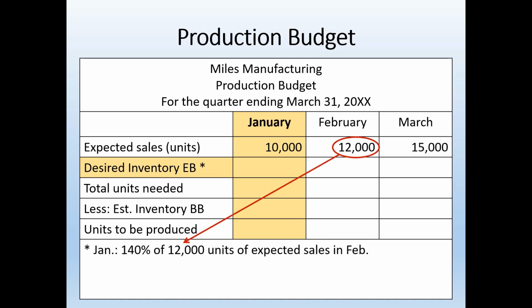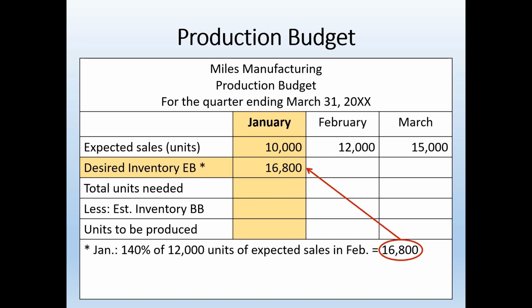The firm's inventory policy says that it would like to end January with 140% of February's expected sales.